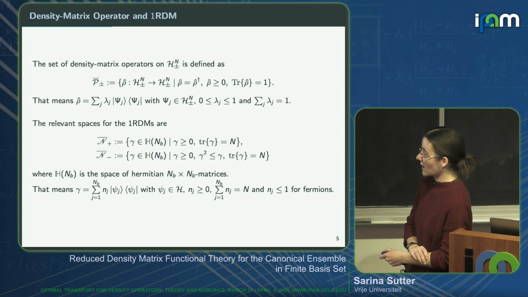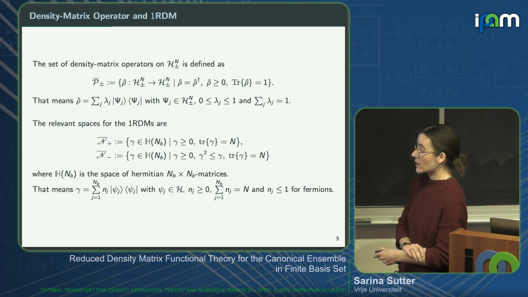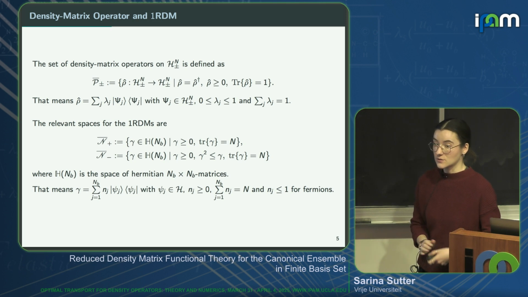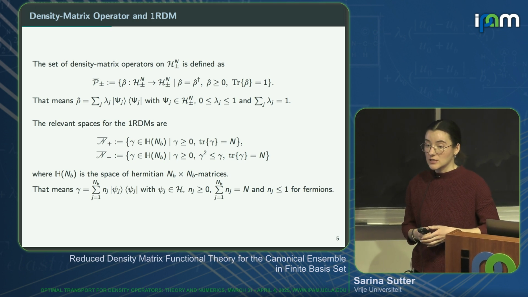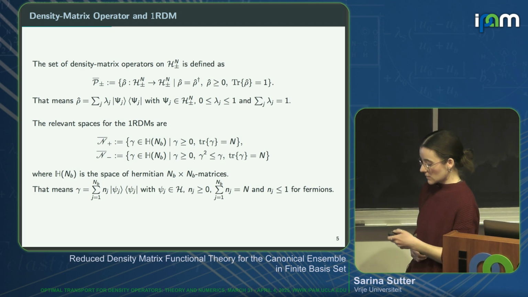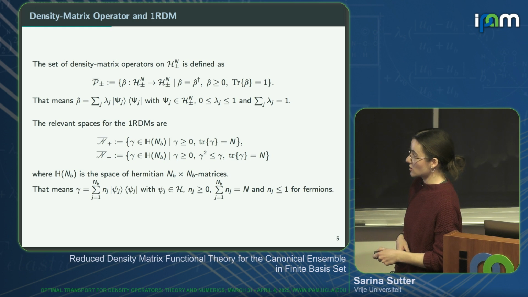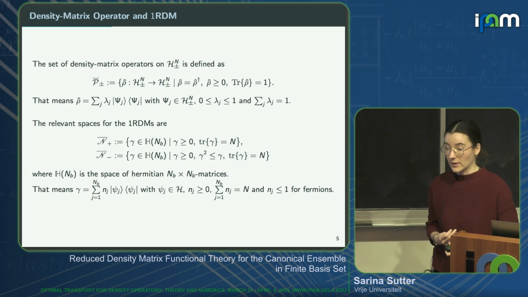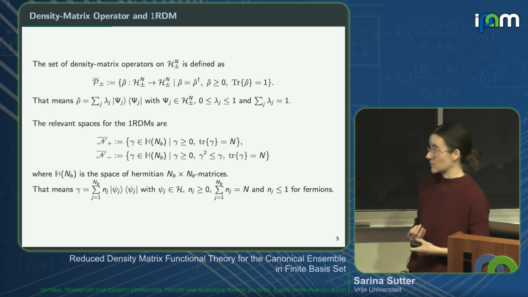For fermions, we have the additional requirement that the 1-RDM squared is smaller or equal to the 1-RDM itself. This is equivalent to the condition that the 1-RDM is smaller or equal to 1. And this additional condition comes from the fact that our wave function is antisymmetric.